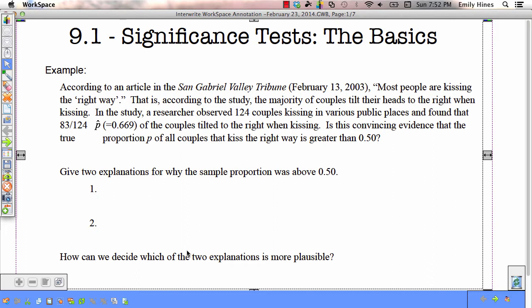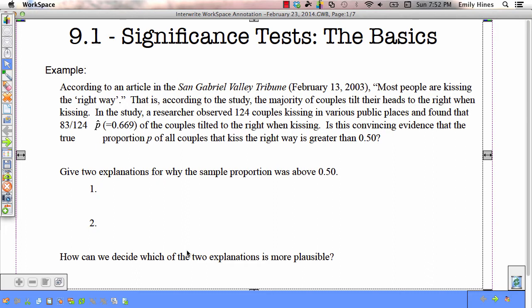Well, we can use a significance test to see if 15% is far enough away from the 30% that they claimed that we think maybe they aren't telling the truth. Maybe it's lower than 30%, and that's why we have such a low value. Or the other side of that is maybe it really is 30% and we were just unlucky enough to get one that only had 15% just by random chance.